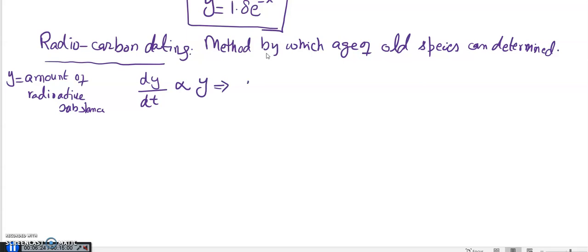In other words, dy over dt will be equal to ky, where k is the proportionality constant. This type of equation is a separable equation.